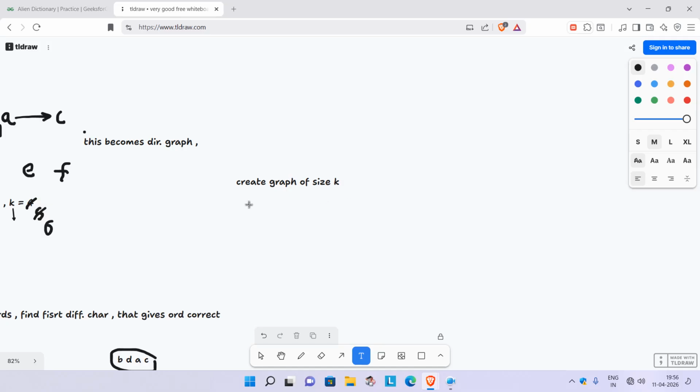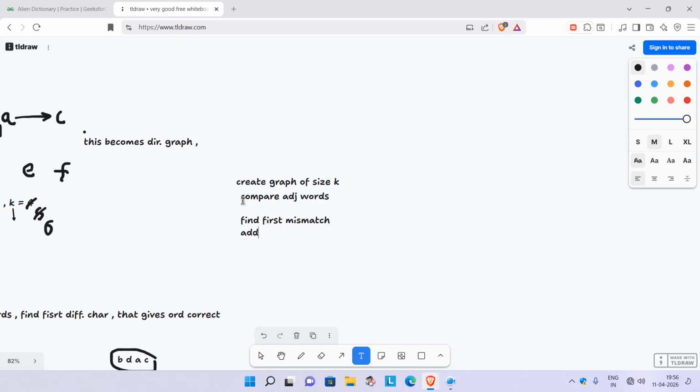After that, we can compare our adjacent words there, and we have to find the first mismatch. That gives me an idea of what the ordering should be according to the aliens.